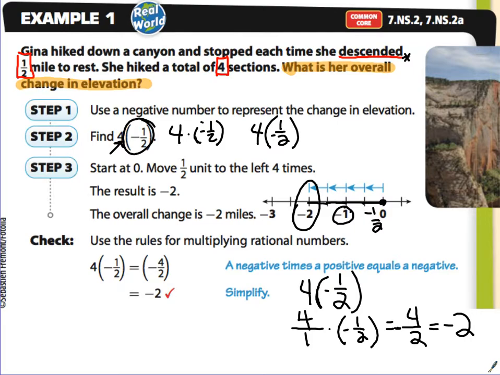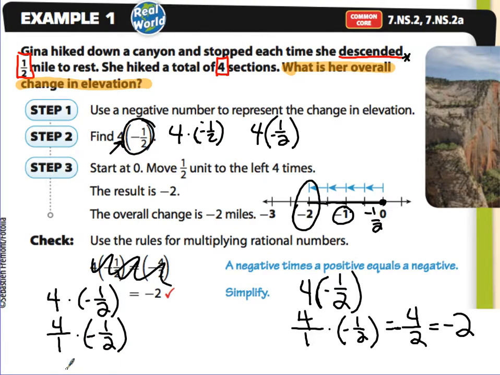Or, and I'm going to scratch this out here so you can pay attention to what I'm looking at, if I did 4 times the negative 1/2, I would still put 4/1 times negative 1/2. Now what I can do is look at my diagonals. So my diagonals here would be 4 and 2, and I will turn those into different colors. And then my other diagonals are 1 and 1. So I'm going to look at 4 and 2. Well, 4 and 2 can be divided by 2.